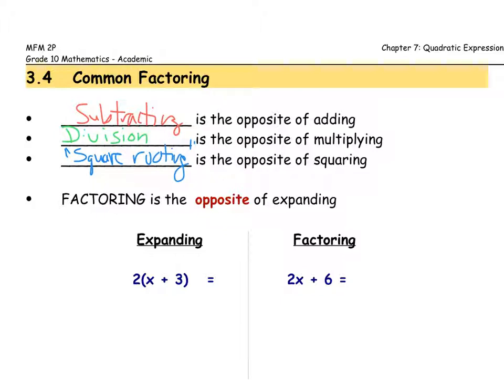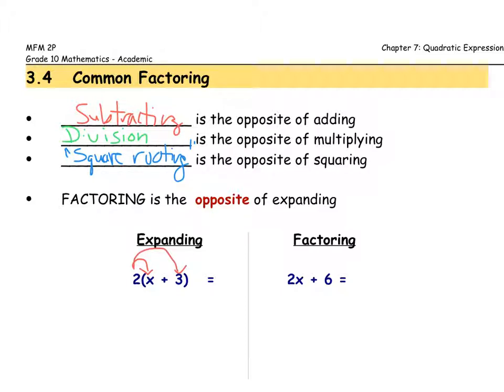There we go. So when we say, what is factoring then? I would say in the same tone, factoring is the opposite of expanding. So let's take a closer look at that. If I wanted to expand 2 bracket x plus 3, I would expand that by distributing that 2 inside the brackets.